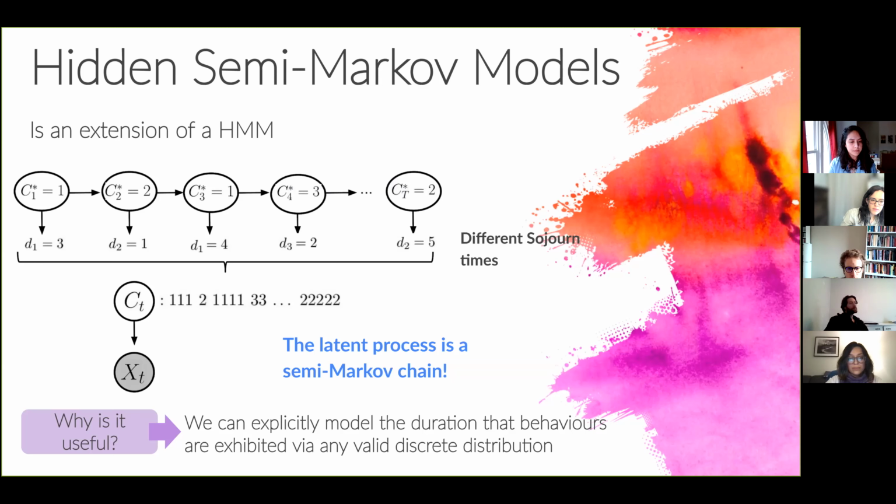Why did we think that an HSMM could be a better option to classify our data? Because in our system some behaviors have similar acceleration.